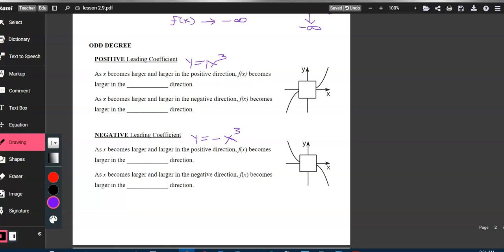As x becomes larger in the positive direction, so as the graph is going this way, the y values are getting larger in the positive direction. As x approaches this side, the graph is going down here, so the f of x is going to get more negative.